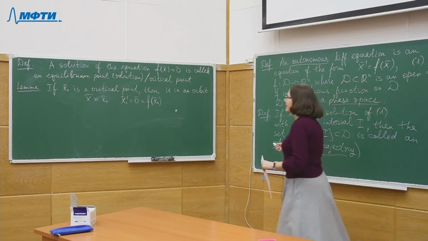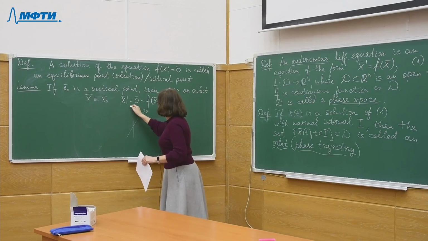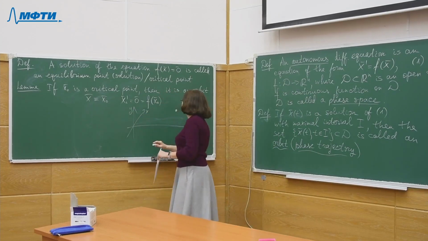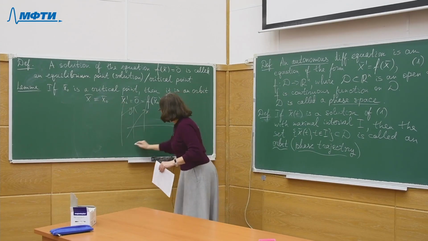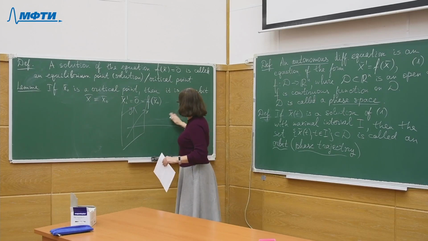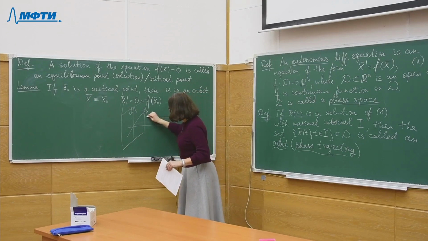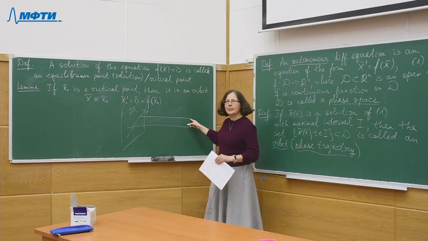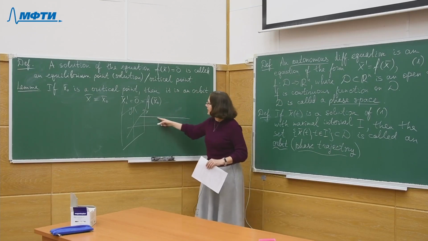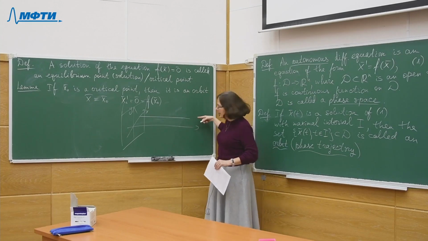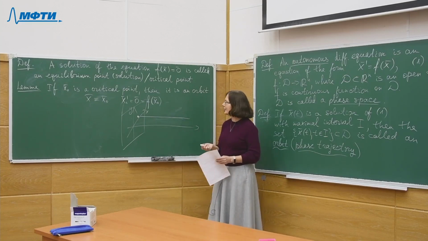So in R3, for example, if I have x, y, and t, the projection to this plane of this straight line, all the components are constant, they do not depend on t. So this is an integral curve, but that projection will be just a point.